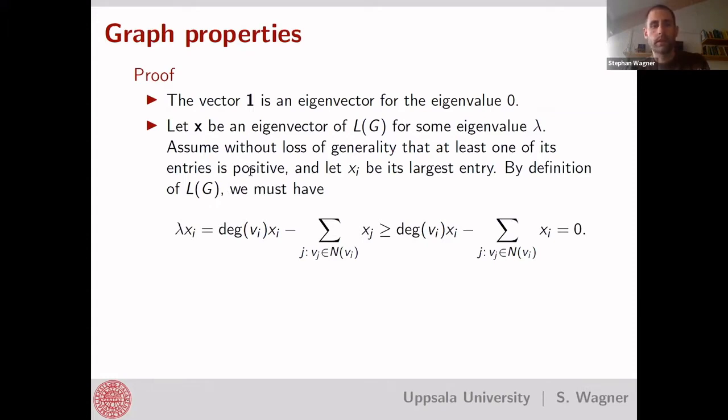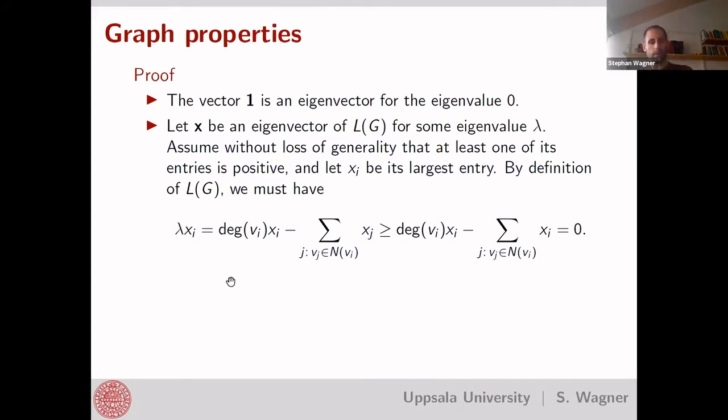We can always assume that at least one of the entries is positive, because we know that the eigenvectors can be chosen real, and they're non-zero vectors. So if it happens that all the non-zero entries are negative, then we just take minus the vector, and we've got another eigenvector which has positive entries. So we can assume that at least one entry is positive, and we can pick the largest positive entry.